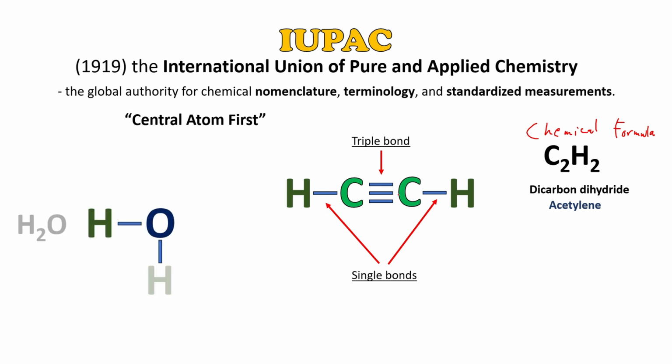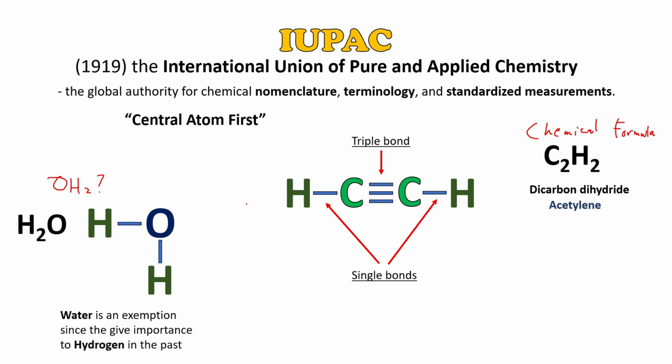But the question is, why is it H2O? We write H first and then O. Look at this. The central atom here is oxygen, but why not write it as OH2? It is because before 1919, hydrogen was the most important element.